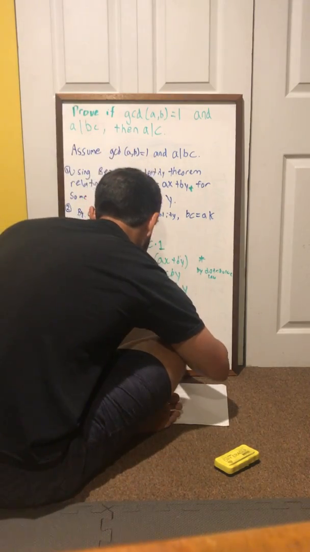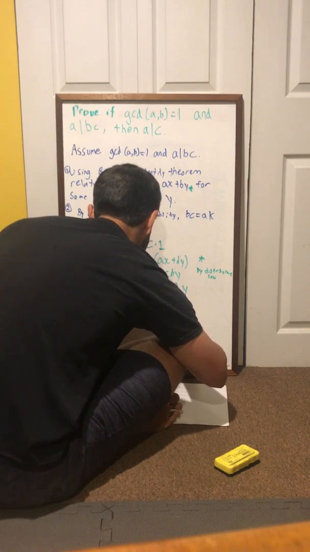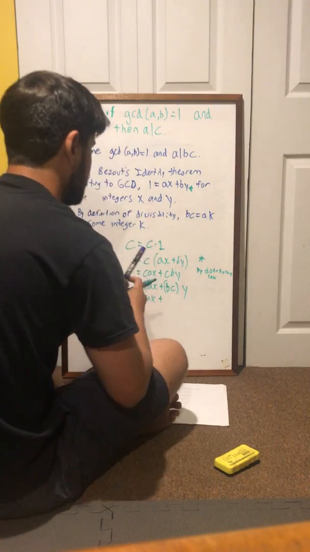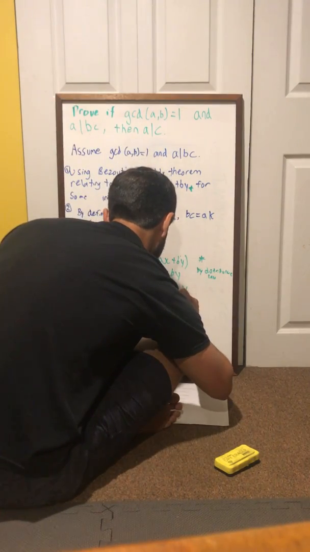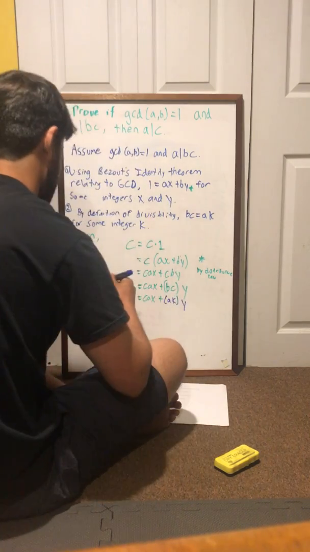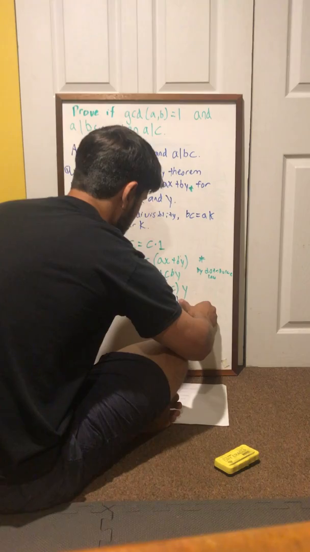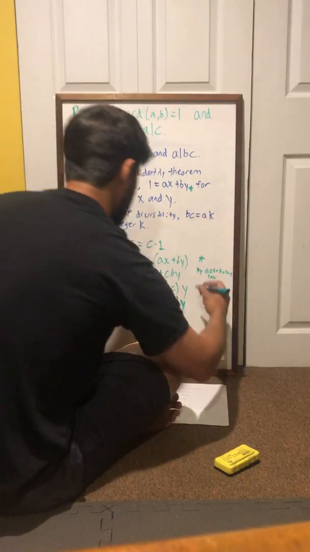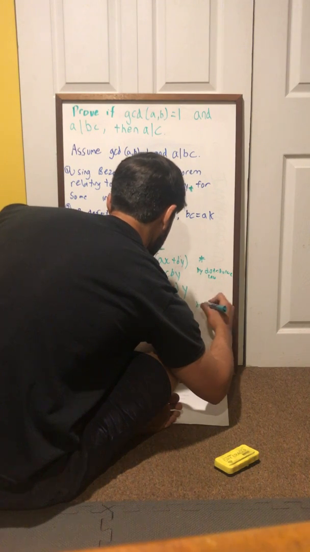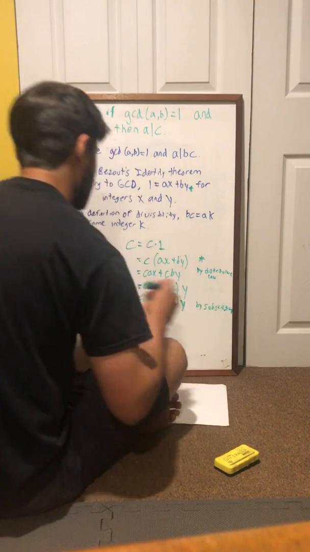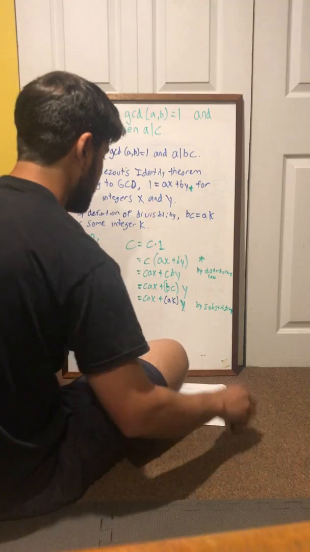Now we're using substitution again: X plus AK, let's put that in blue, AKY. And that's by substitution. Ran out of space in there a little bit.